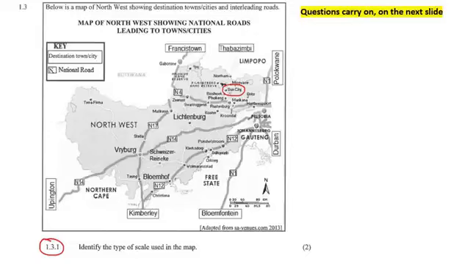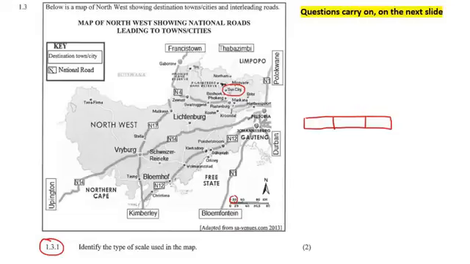So for this first question over here, it says identify the type of scale used in the map. Okay, so the scale is over here. So this type of scale where they show it like that, with lines like this, and then they'll say, for example, 20 kilometers, 40 kilometers.